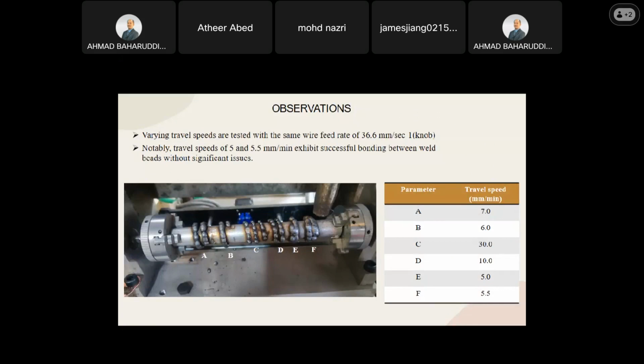First knob means it's around 36.6 mm per second deposition rate with a varying travel speed of 7 mm per minute, 6 for B. I have labeled them A, B, C, D, E, F. Based on this, you guys can refer to the table there for the different parameters, and we can see good bonding between two weld beads in E and F, which is around 5 to 5.5 mm per second, but this is not the conclusion. It will undergo more trial sessions to get the best bonding between the two weld beads.